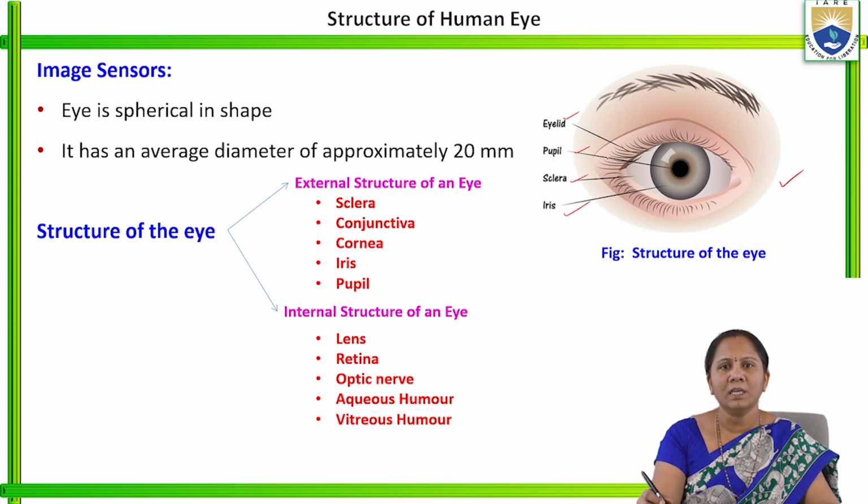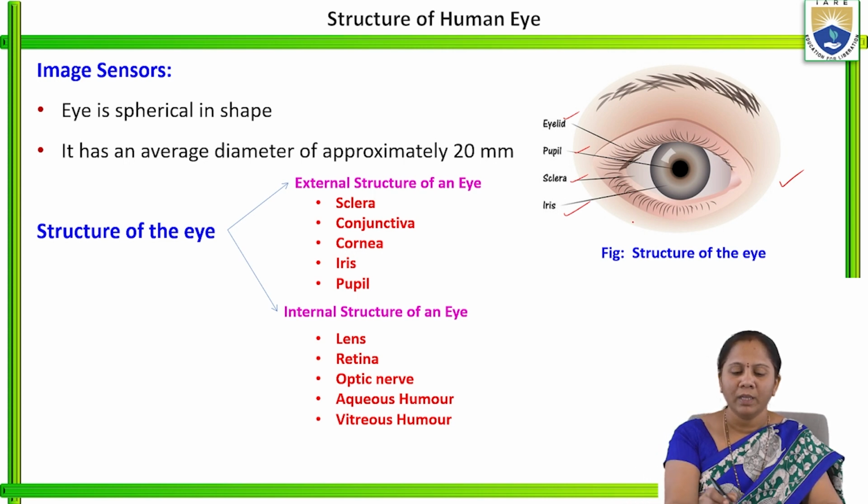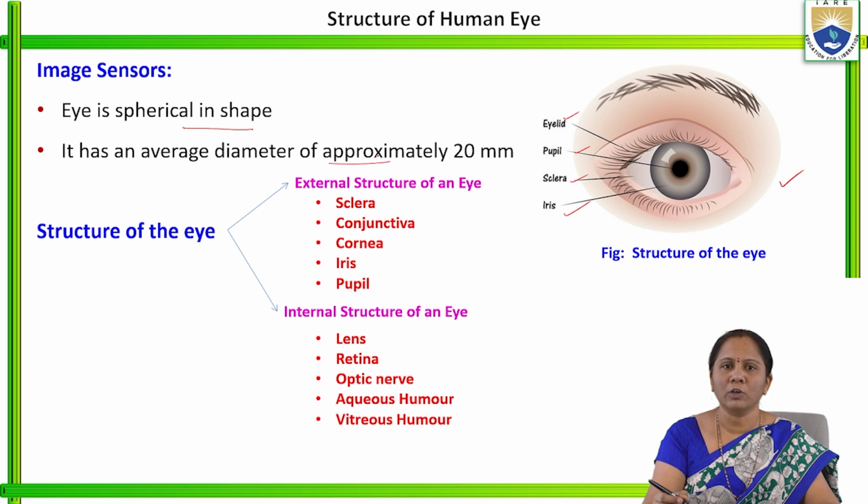We will discuss all these parts in detail while learning about the internal and external parts of the human eye. The human eye is spherical in shape and has an average diameter of approximately 20 millimeters.